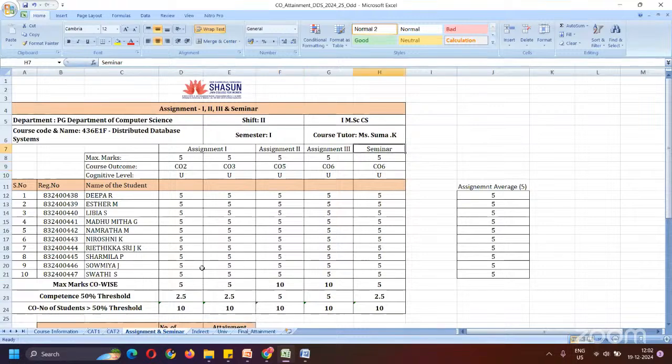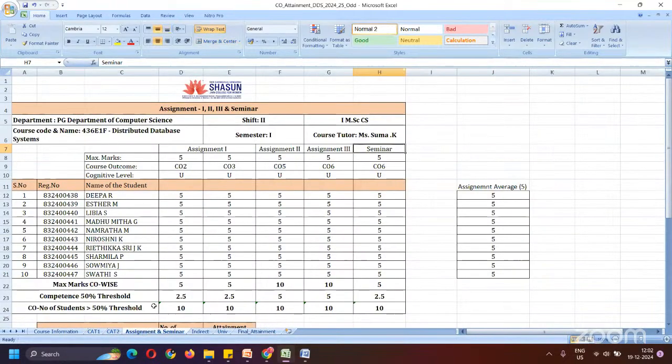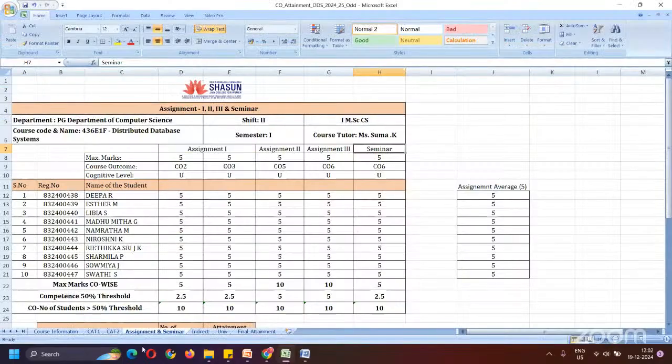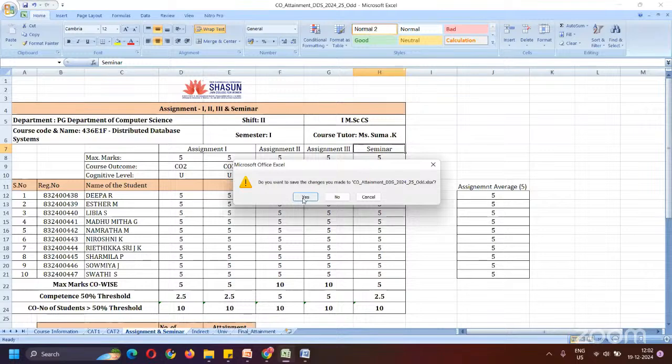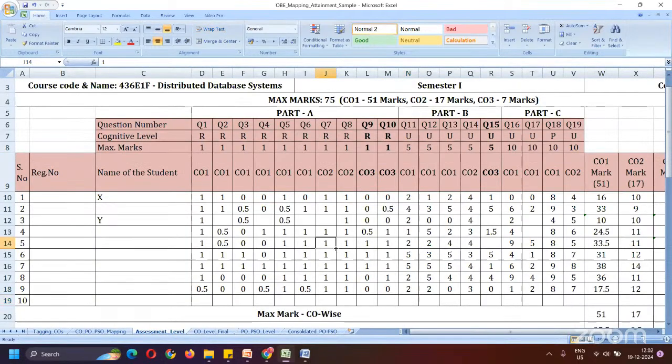For all the summative assessments, you have to have a separate CO level attainment if your institution is opting for assessment level outcomes. Otherwise you can skip this. This is not mandatory. You can go for CO level attainments in the assessments, or you can keep the overall attainment for the assessments.